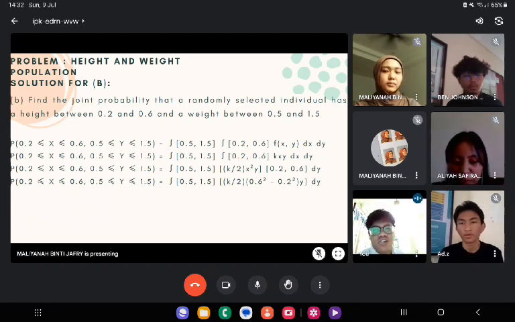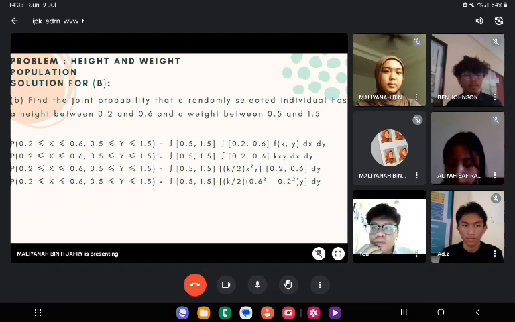As we can see in the solution, first and foremost, we must assign the range given for height and weight, as shown in the first line.